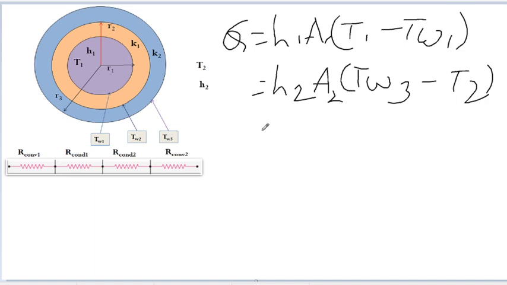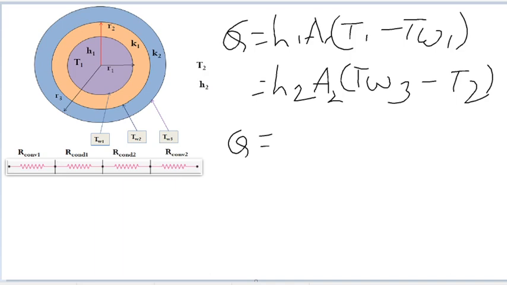Now what is the equation for the conduction? Because we know that this part and this part are by conduction. So I write the general equation Q equals the heat transfer by conduction, and again what is the equation for the cylinder?